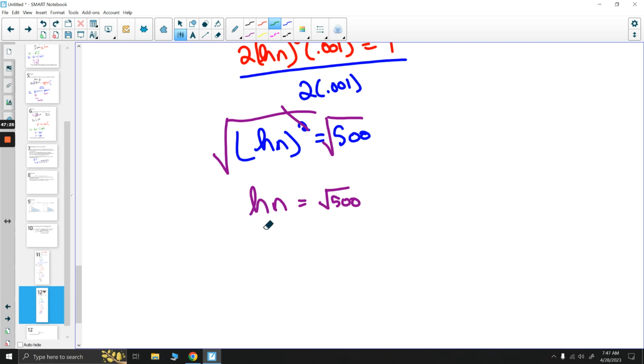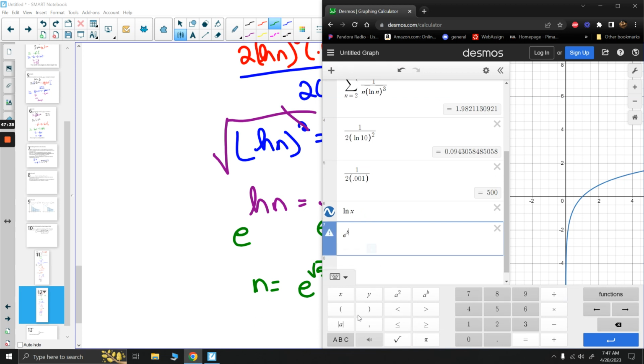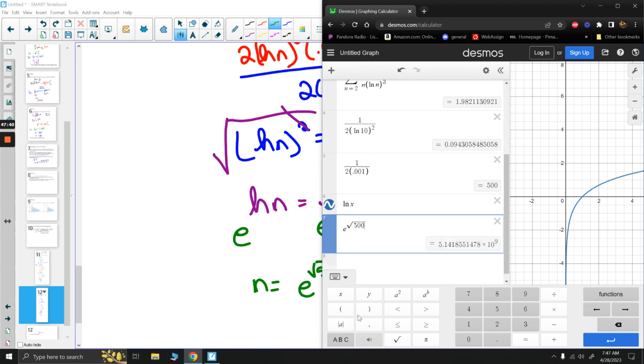All right, so now how do we solve for this n here? We take e to the power. So we get n is e to the power of square root 500, which is equal to e to the square root 500, a pretty big number.